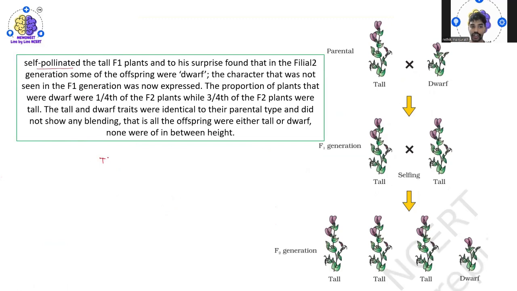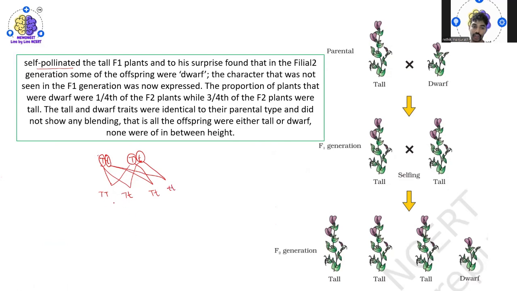So now he got these heterozygous gametes. If you see, again you will have two gametes here, correct? Then he self-pollinated it. So what will he get? Capital T and capital T, correct? Then capital T, small t, and capital T, small t, and small t.